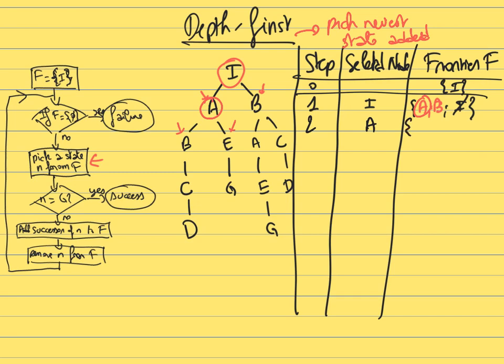So you will add the two new states B and E, the two new states that you just found by expanding state I. You will add them to the beginning of the frontiers. Then, in the frontier, you still had A and B, so this was the frontier at the previous steps, but now you just visited A, so you can remove it.